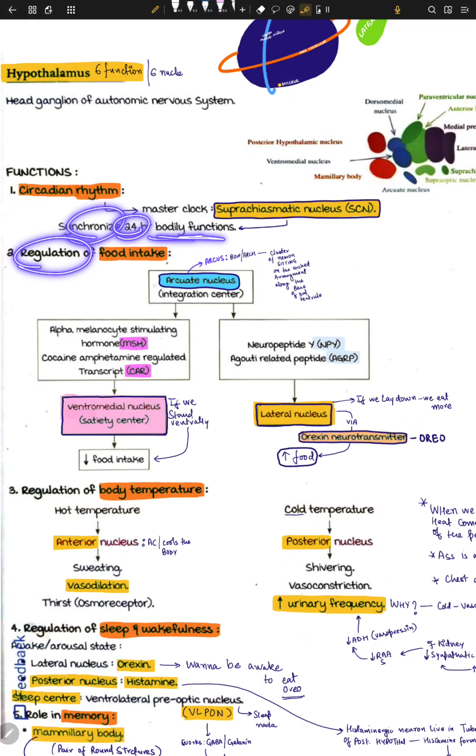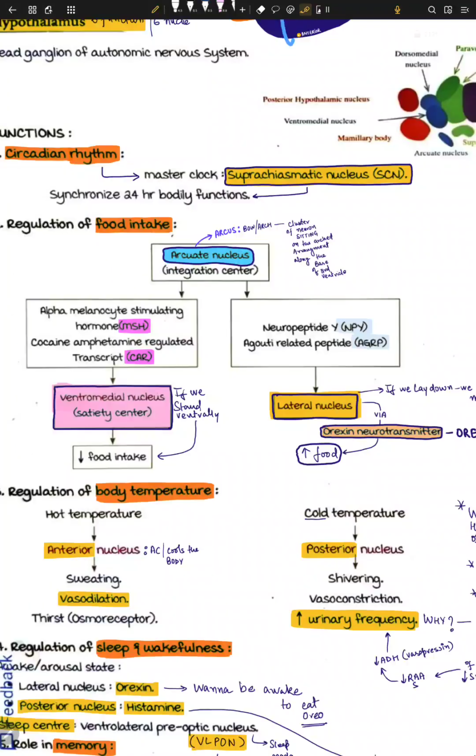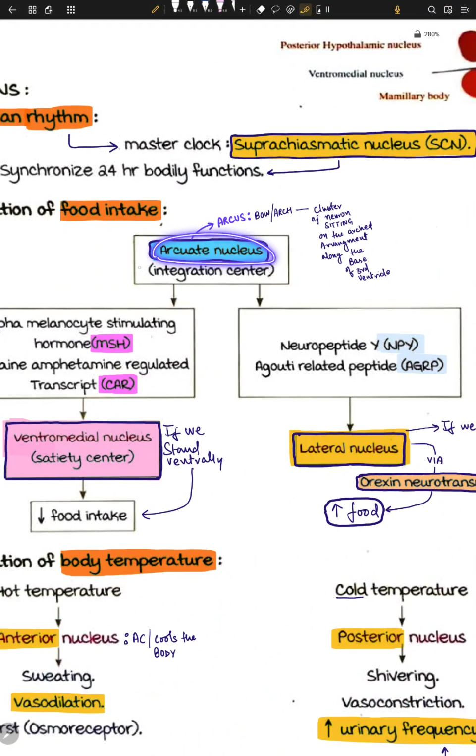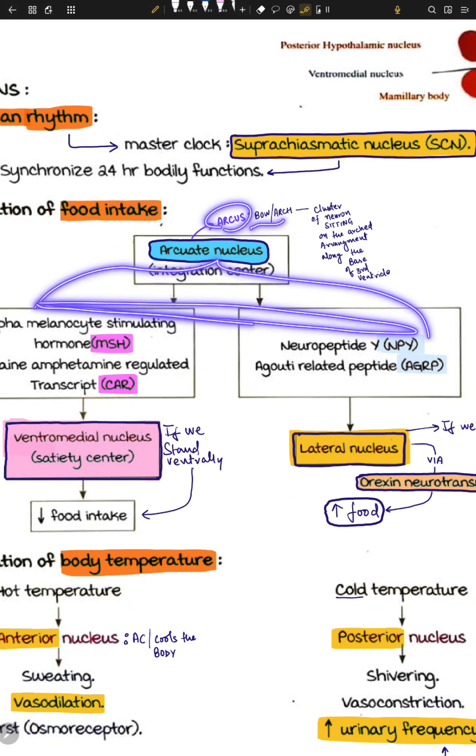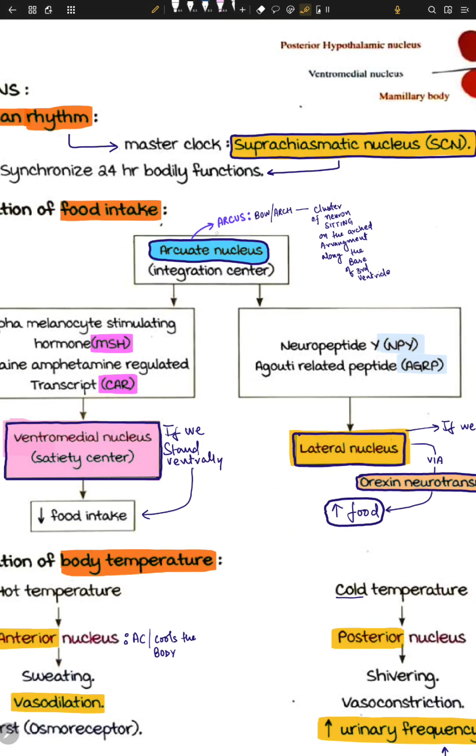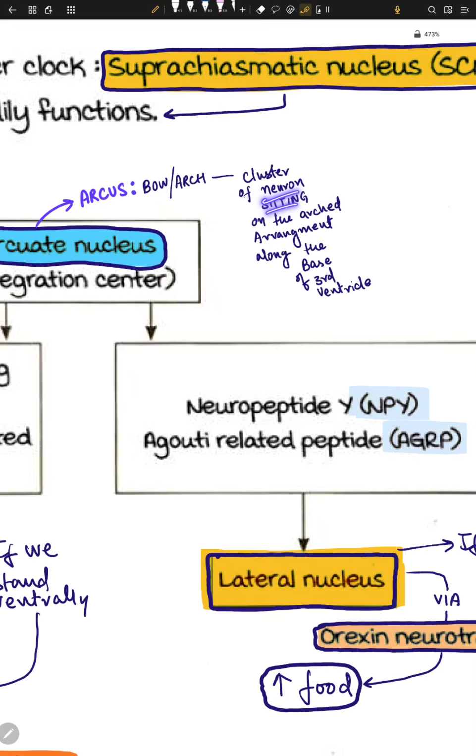What about regulation of food intake, when you feel hungry or not hungry? There's something called the arcuate nucleus. It's like an arc. Arcus means a bow, like this. This is the arc, and this is like the thread between it. So the arcuate nucleus is a cluster of neurons in an arced arrangement along the base of the third ventricle.